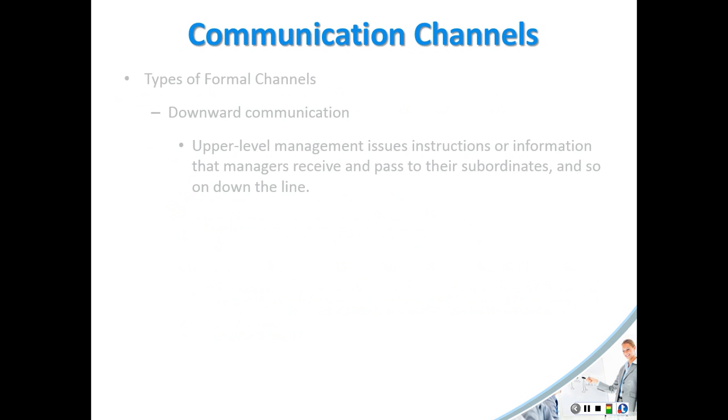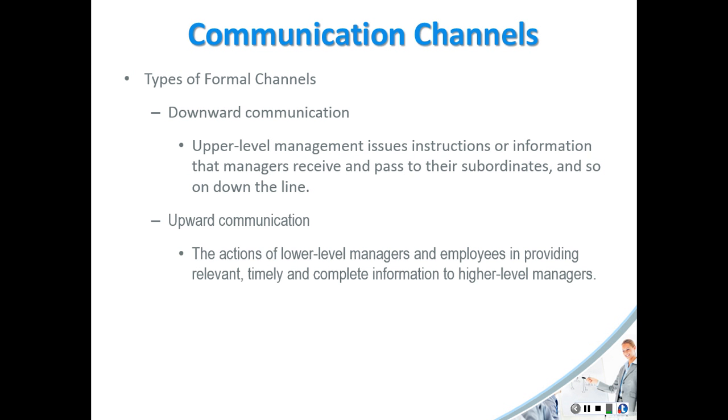So there's different communication channels. There's the downward communication channel where upper level management issues instructions or information given to you to pass on to your subordinates or direct control of, and so on down the line. And then there's upward communication.